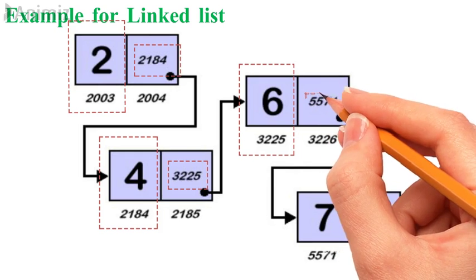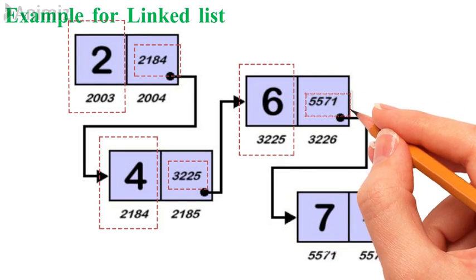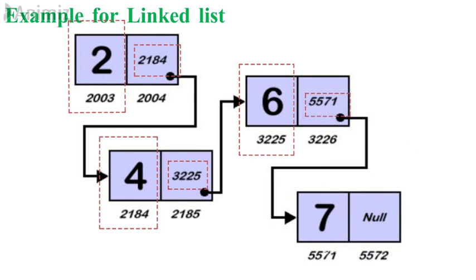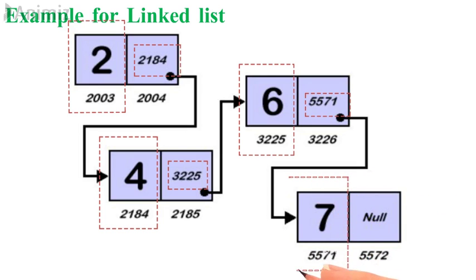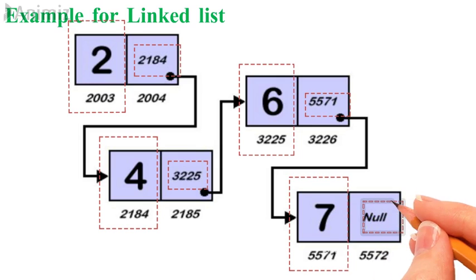In that node, in the link, you have 5571. When you traverse that 5571, you have 7 as the information. Now when you see that link, it has a null value since it doesn't have any nodes after.